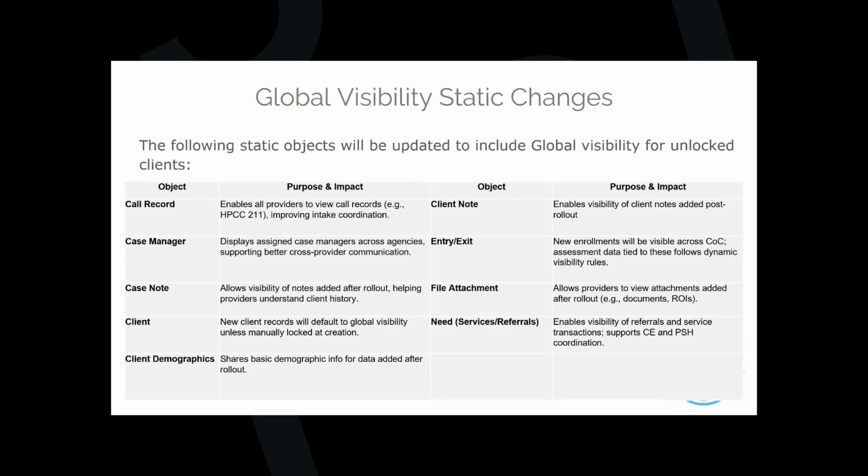Okay, question. Can another agency mess up another agency's data? Another agency can't mess up anyone's data. This doesn't give anyone the ability to delete answers from an assessment. If you're not the person that created it, it's still outside of your tree. That doesn't give you the visibility or the ability to modify existing data.